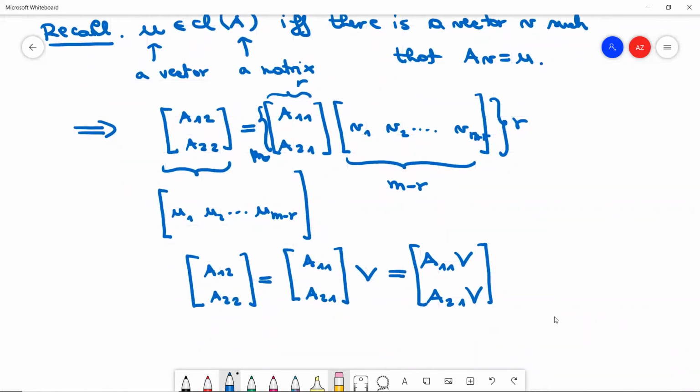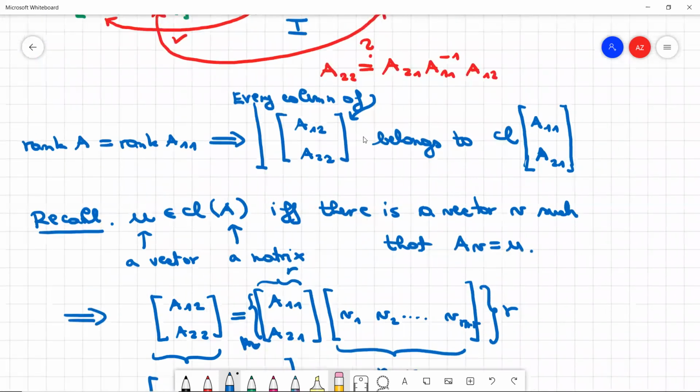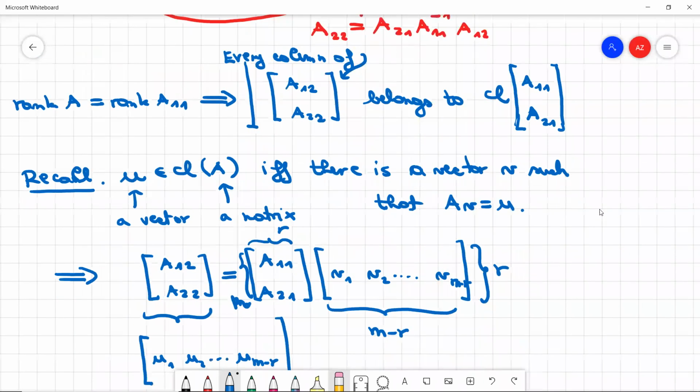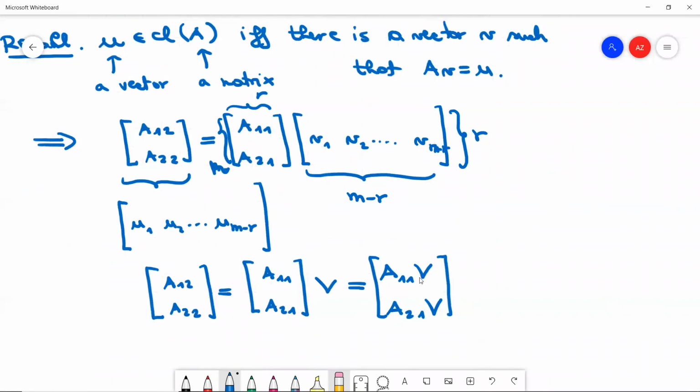And now what we want to show is that A22 is equal to A21, A11 inverse, A12. So from these two equations, we will just get rid of this V. We will express V with all the other unknowns.